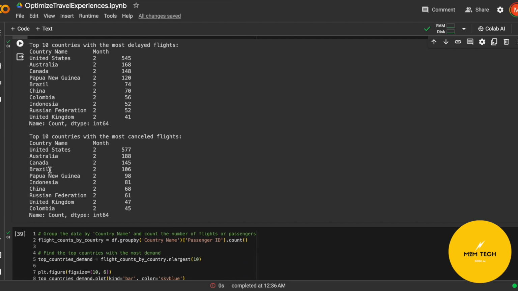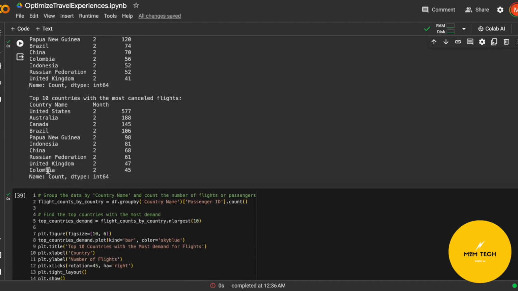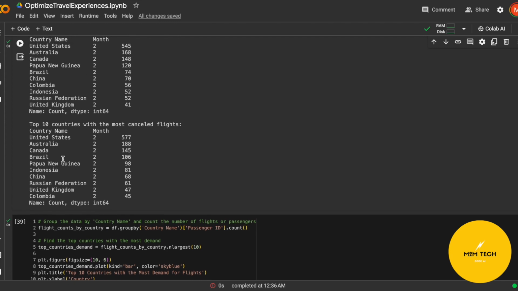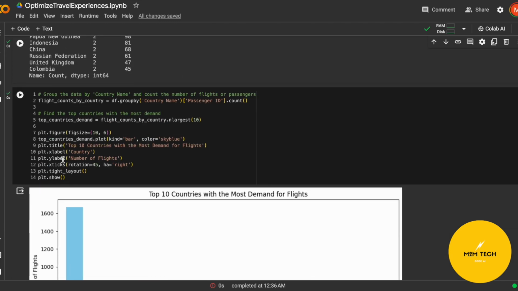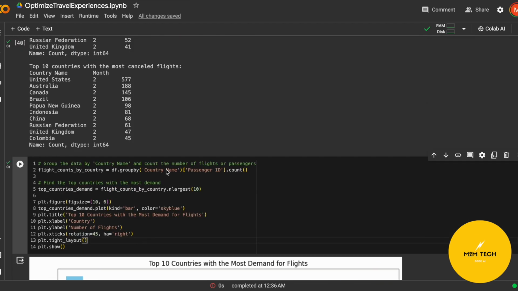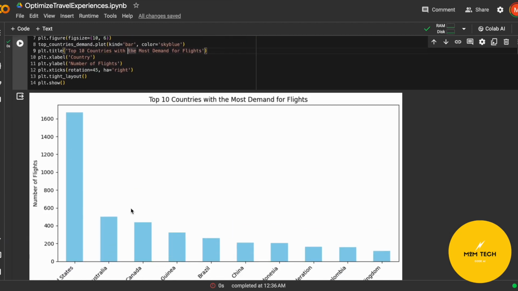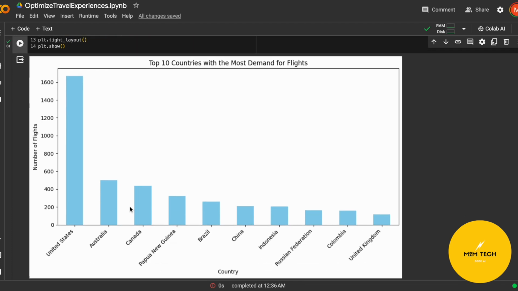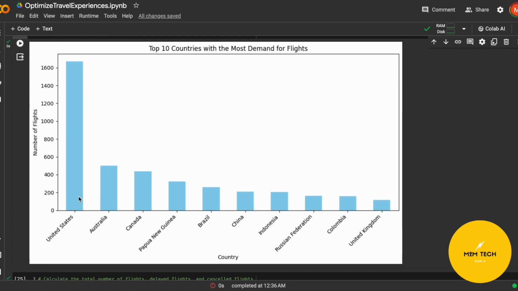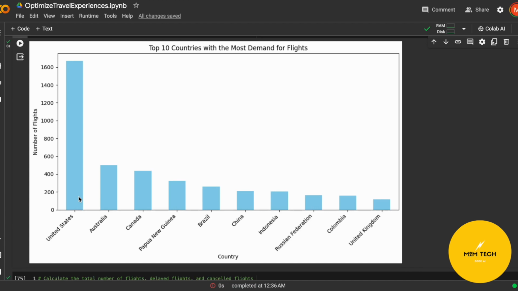Now I went on to understand what percentage of these flights are being cancelled and delayed. Before that, just to get a better visual, I plotted the top 10 countries with the most demand for flights, which was the United States as well, and we've seen this before.